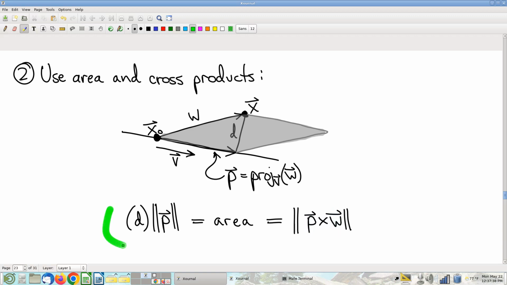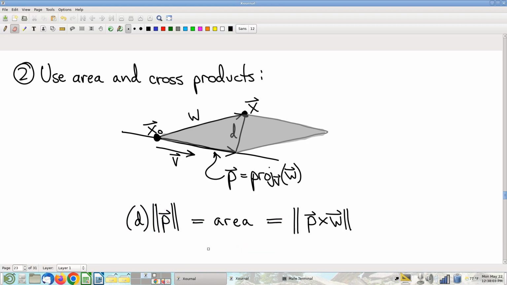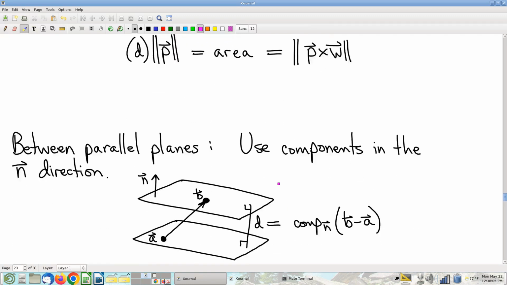The claim is that these two things are both equal to the area, and they're not equal to each other. They are each equal to the area, but that does not mean that this is equal to that. So the thing that we want, what we're trying to solve for, you would get by taking this and cross dividing. All right. Okay, let's see the next one.